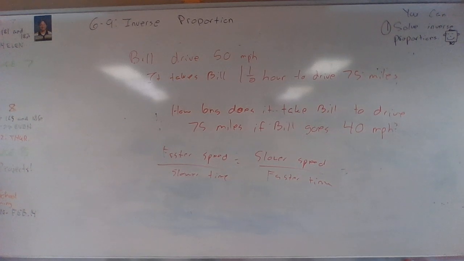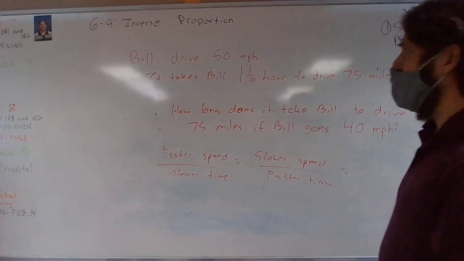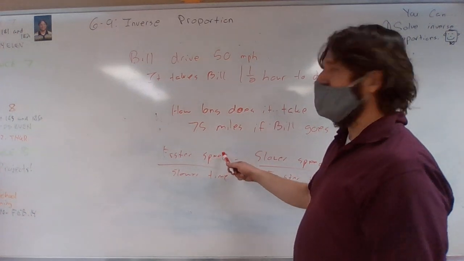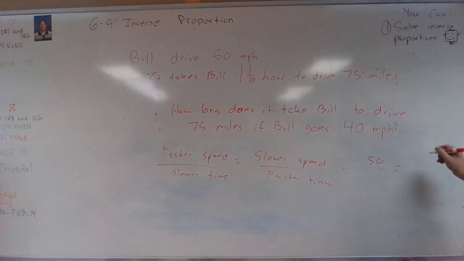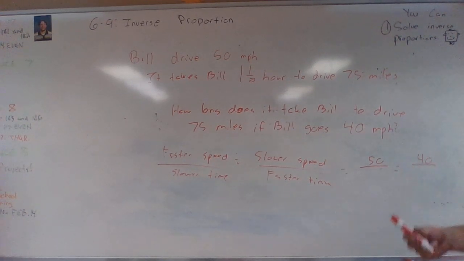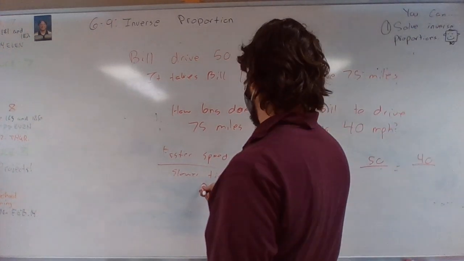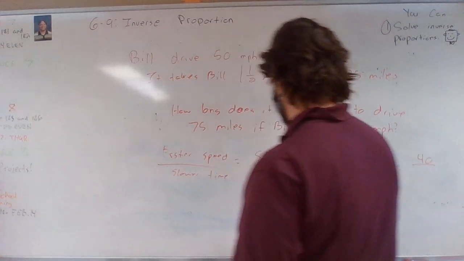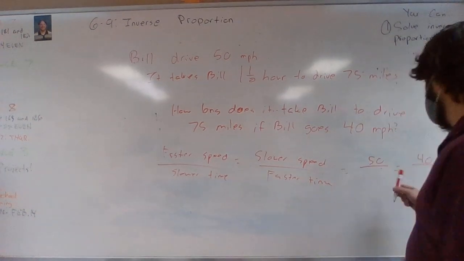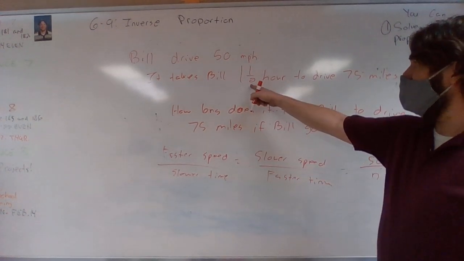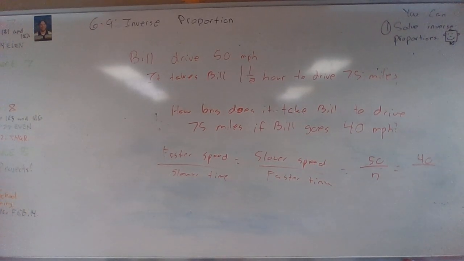So, let's start plugging in information that we know to be true. So the faster speed that he drives is 50. The slower speed is 40, that part we know. And as one goes up, the other goes down. So the slower time, what's that? Well, that we don't know, but obviously it's going to take him longer driving slower, but we do know the faster time. If he drives 50 miles an hour, it's going to be 1.5.